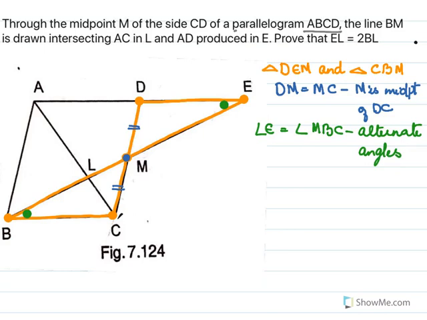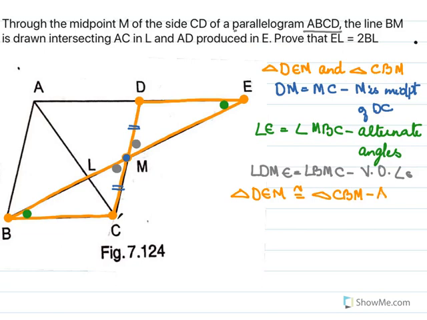And also these two triangles have equal angles by vertically opposite: angle DME equal to angle BMC, vertically opposite angles. So triangle DEM is congruent to triangle CBM by the AAS test.